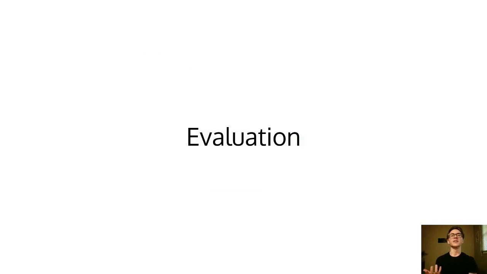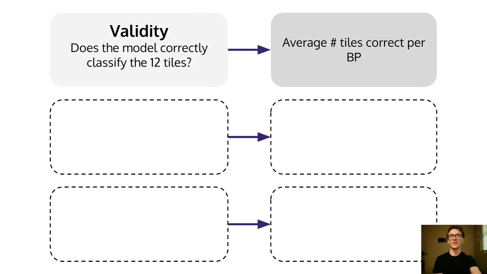If we have a BP solver, how do we actually evaluate it? We've identified 3 different properties that we believe a BP solver should have. The first is validity. That is, does it correctly classify the original 12 tiles.